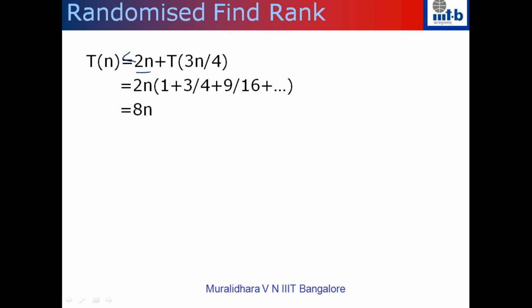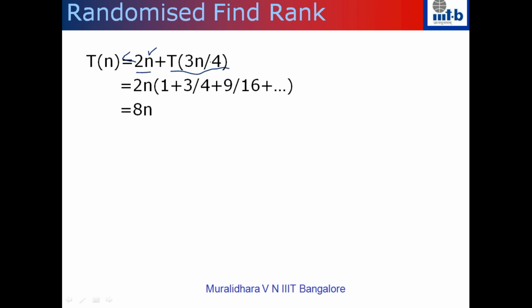If I pick 2 pivots uniformly at random, the expectation is that one of them will be a good pivot. So I will end up doing the partition 2 times, that is 2 into n. But if I end up picking a good pivot, I know that I will for sure discard n by 4 numbers, so I will be left with 3n by 4 numbers.